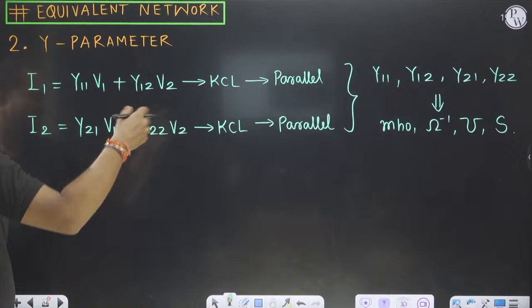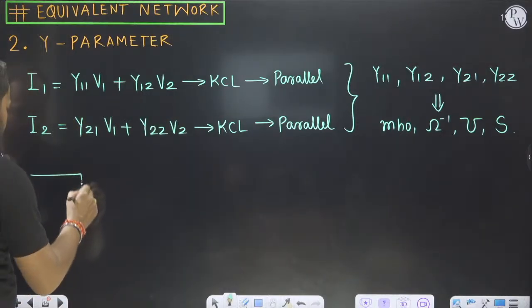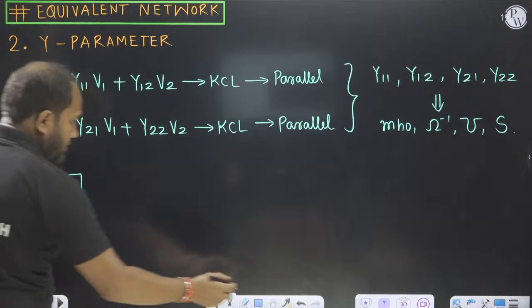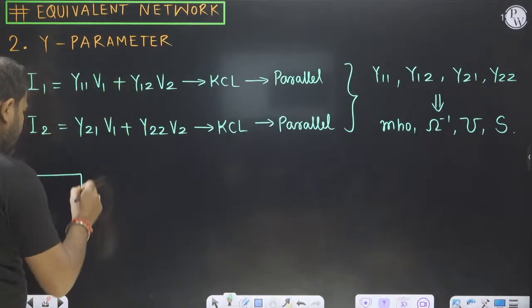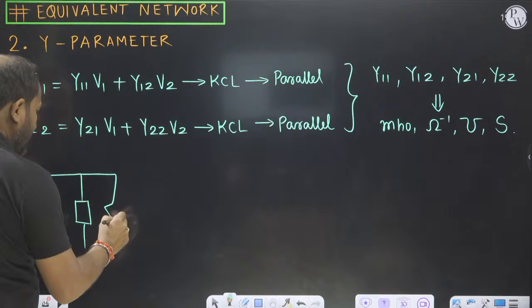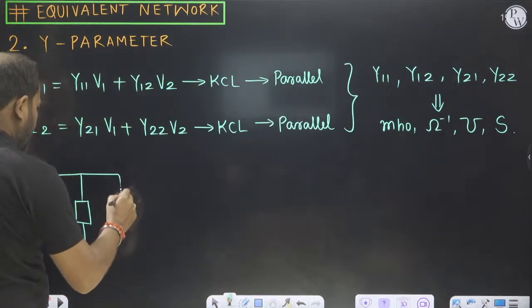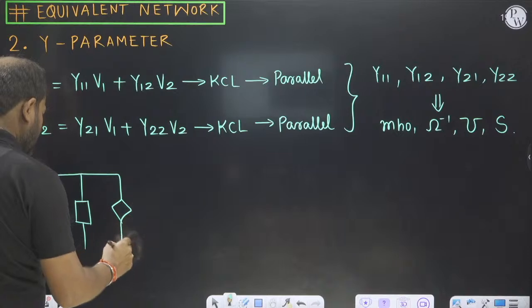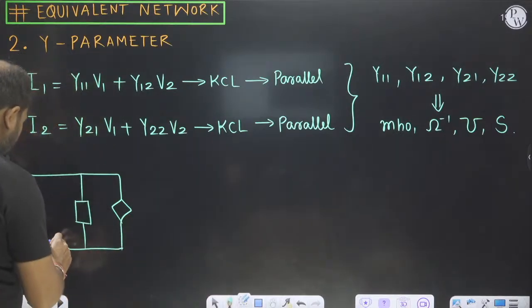So all are the same unit. They are in parallel, so I have to draw a parallel resistance, or you can say admittance, and a dependent current source, in parallel combination.